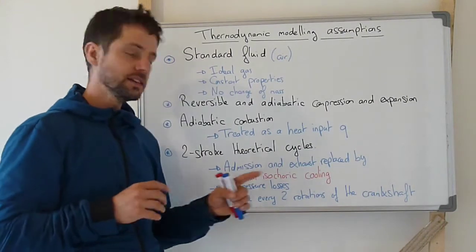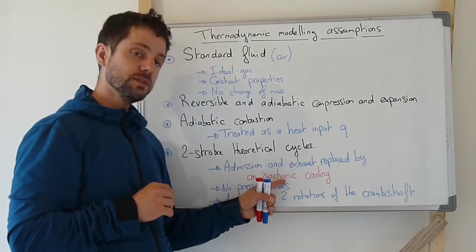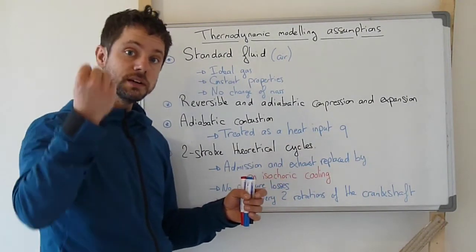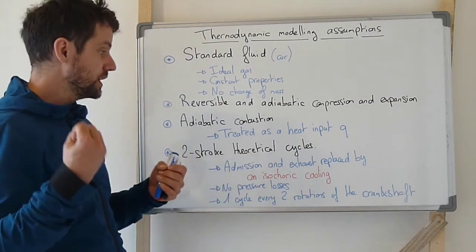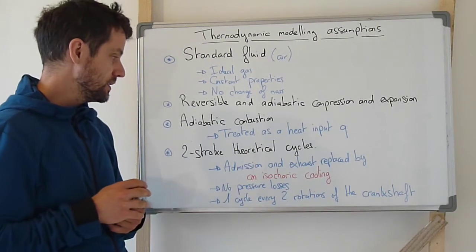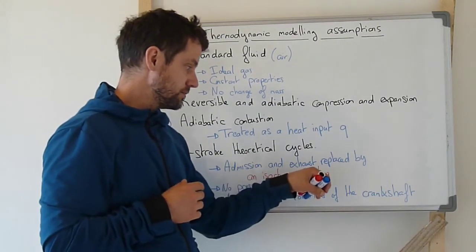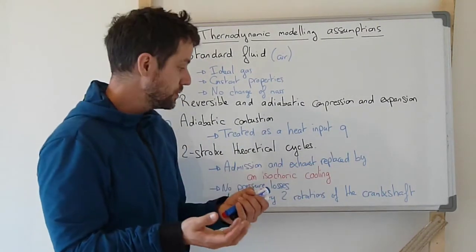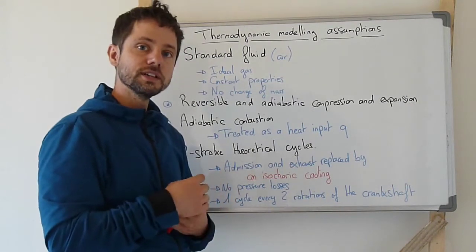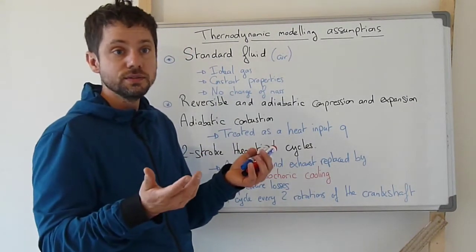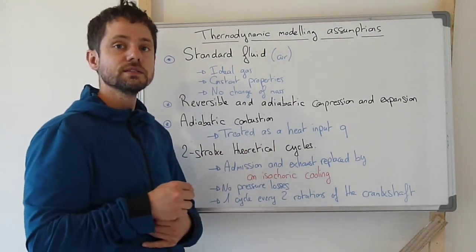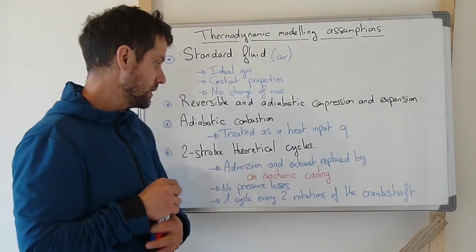So in fact, the fluid will be just cooled down to the temperature it has for the admission, and this imaginary heat transfer that we have for this cooling corresponds more or less to the heat losses due to the high temperature of the exhaust gases we have in the engine.